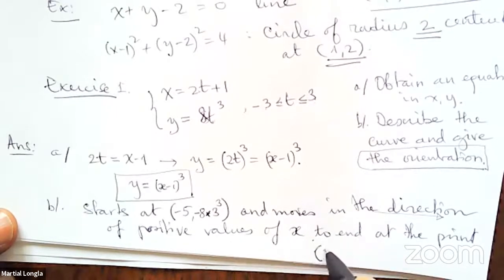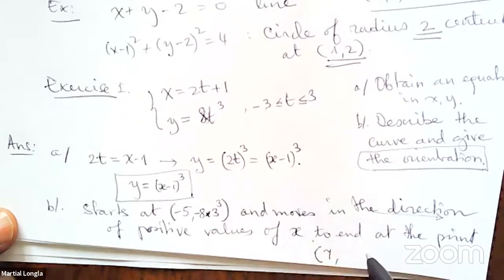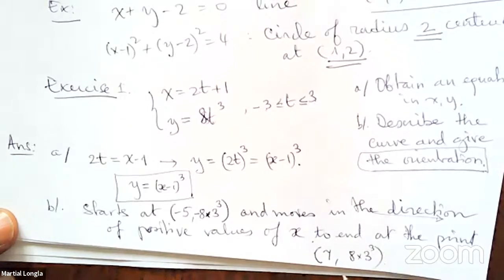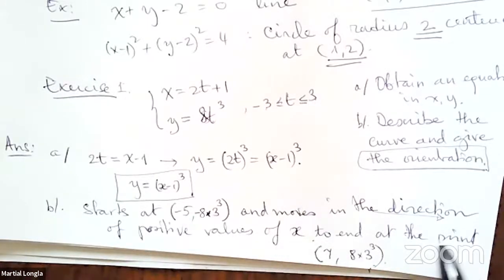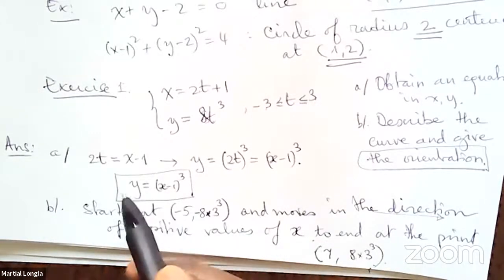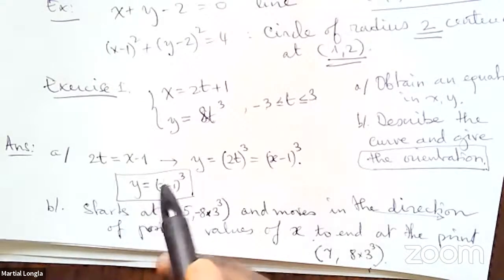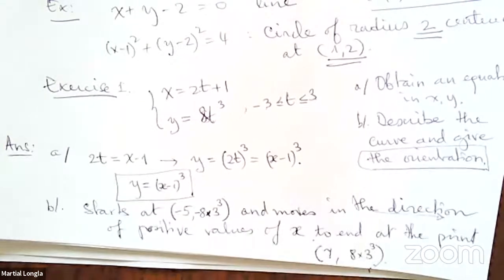You get x equals 7, and then y equals 8 times 3 cubed. That's the point where it ends. It starts at this point and moves in the positive direction of x towards this point along that equation, y equals x minus 1 cubed.